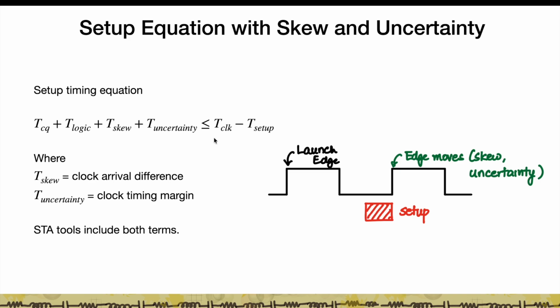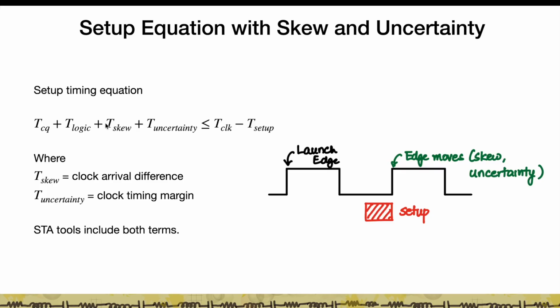The right side is what the clock period gives you back, minus the setup requirement of the capture flip-flop. Skew here is signed. Positive skew appears on the right side, helping, and negative skew appears on the left, hurting. Uncertainty always appears on the left, it always costs you.